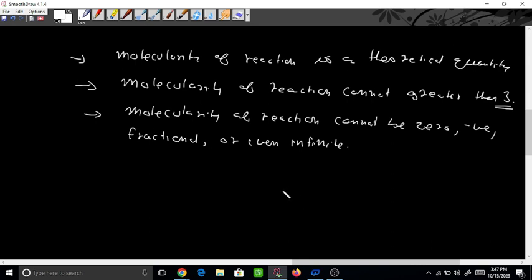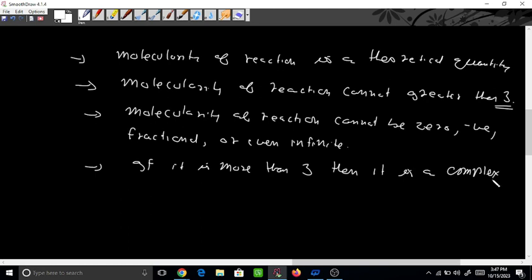If molecularity is more than 3, then that is a complex reaction. You can write one more point: if molecularity is more than 3, then it is a complex reaction. Complex reaction means multi-step reaction.